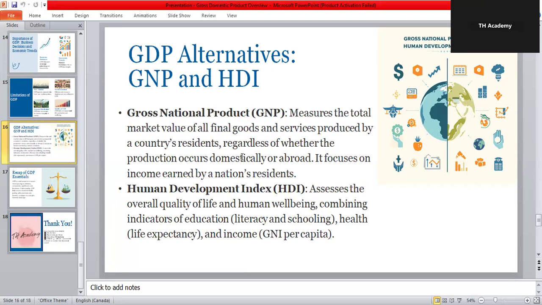HDI, or the Human Development Index, looks beyond money. It combines life expectancy, education, and income to show how well people are actually living. So while GDP shows how much a country produces, HDI shows how well its people are doing. So that's how it works.